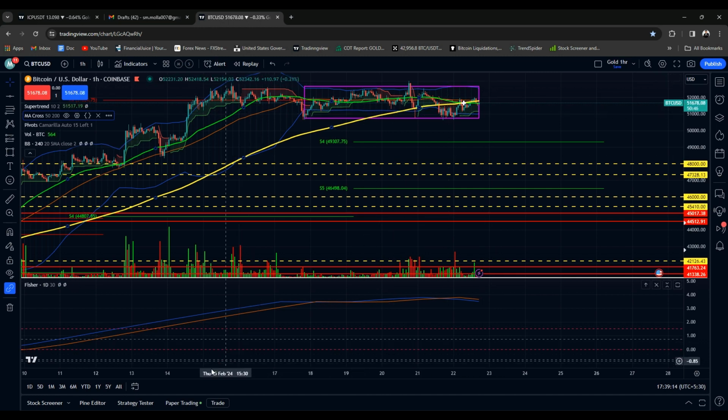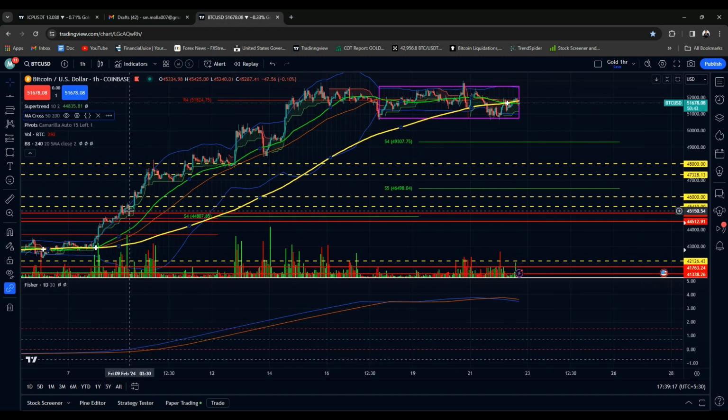So we have to think along that line as well, how to properly set up a trade.